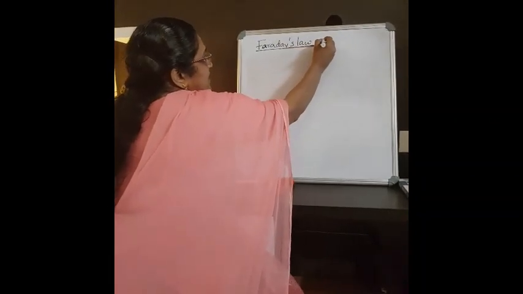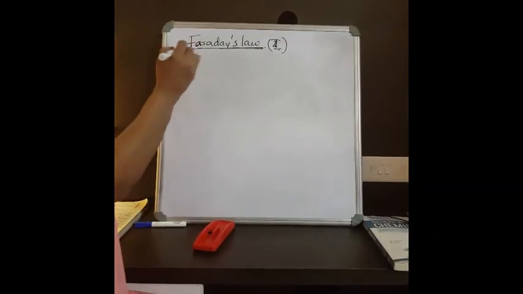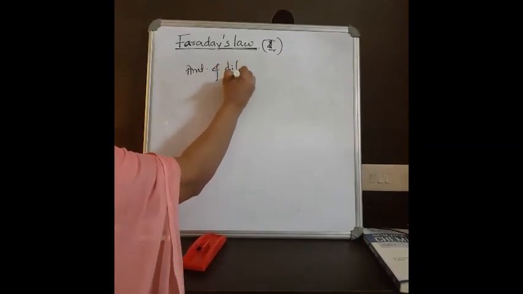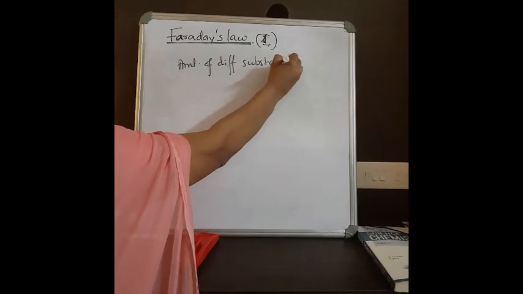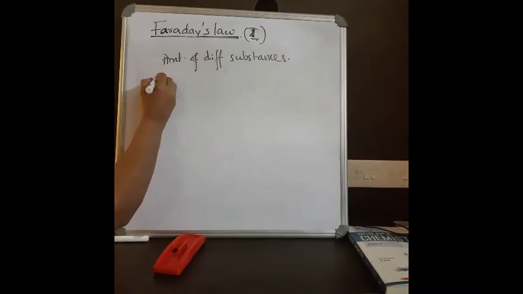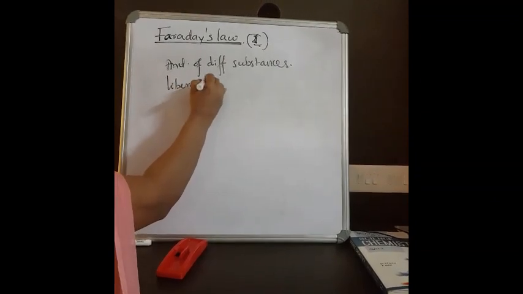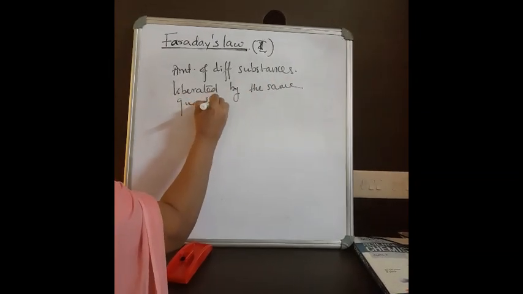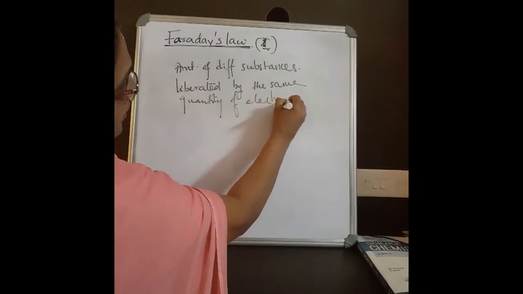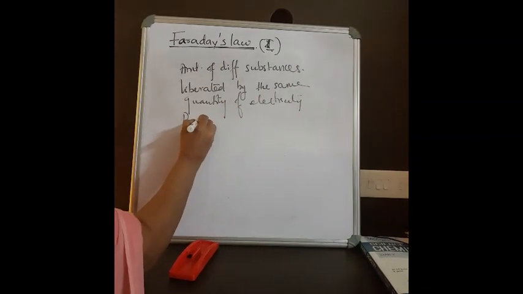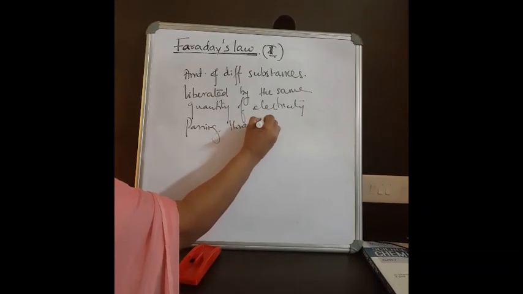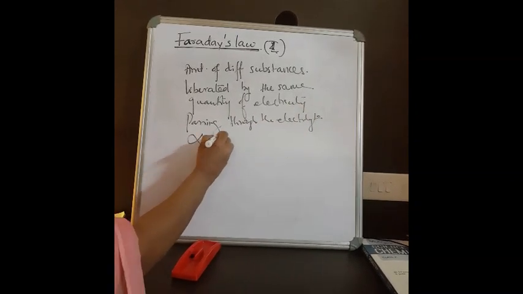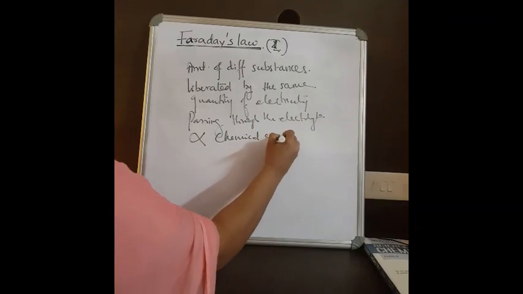So, Faraday's second law states that the amount of different substances liberated by the same quantity of electricity passing through the electrolyte is proportional to their chemical equivalent weight.